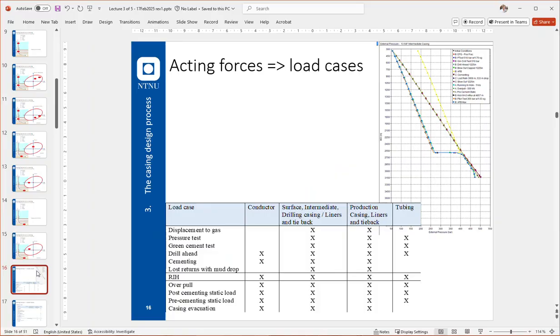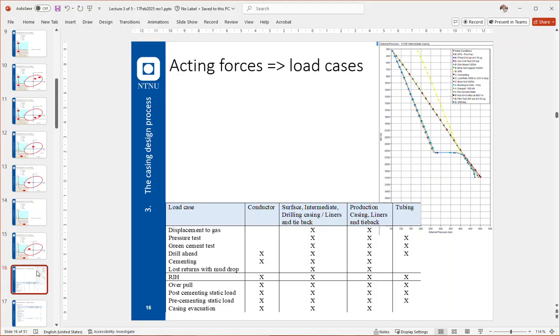Now, all what this is leading up to, all these reflections that we've been putting together, is to entertain this picture, what we call the load cases. These scenarios that occur during the lifetime of a well are kind of standardized.